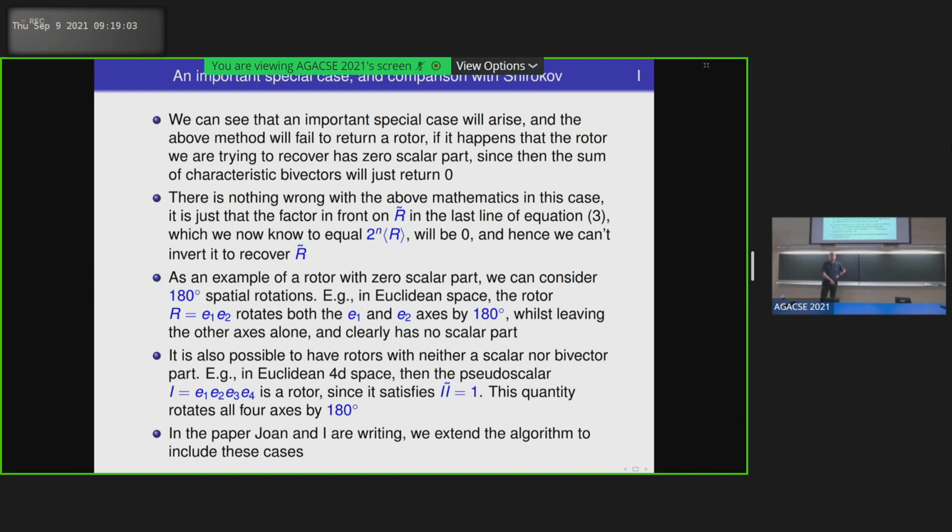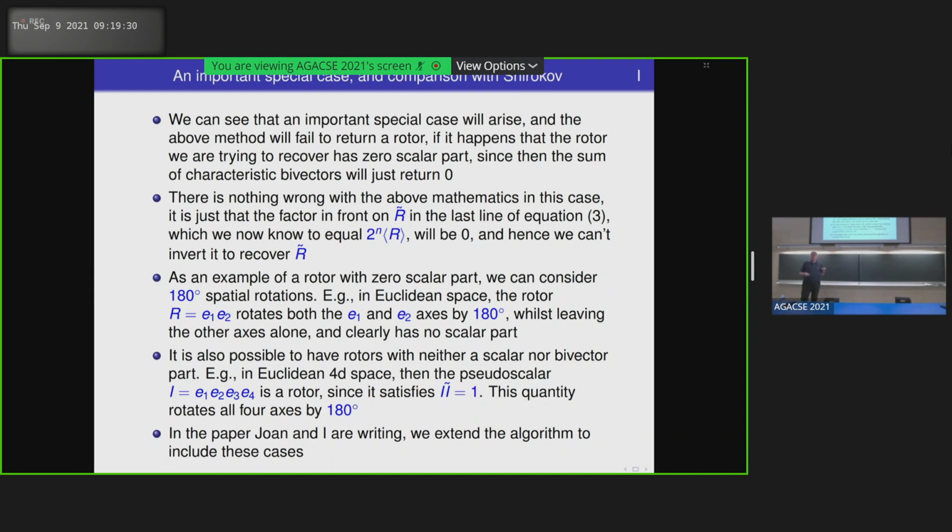Where you've got a full pseudoscalar as the rotor, it's rotating all 4 axes by 180 degrees. If you take out those rotations at the beginning, then add up the characteristic multivectors to get the rotor, it will give you something with a non-zero scalar part from which you can recover the rotor, and then you can flip back by using these rotations.